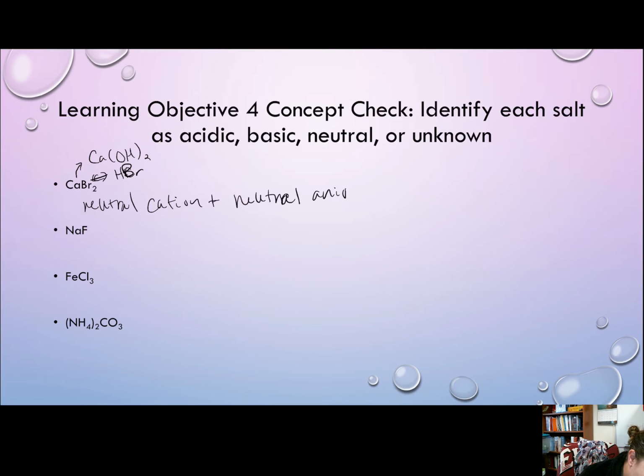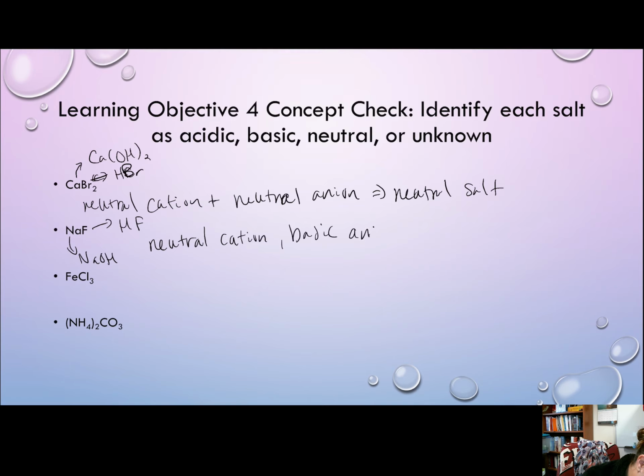So we have a neutral salt. NaF. Na comes from sodium hydroxide. F comes from HF. Sodium hydroxide is strong. HF is weak, so we have a neutral cation, a basic anion. So we have a basic salt.